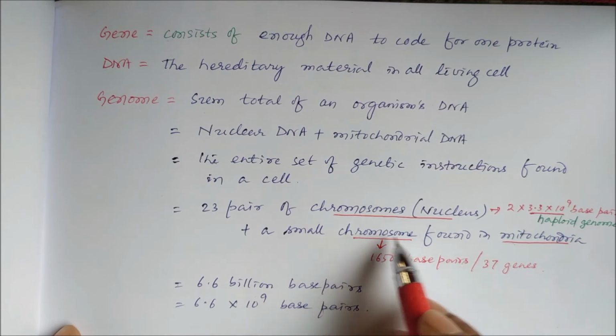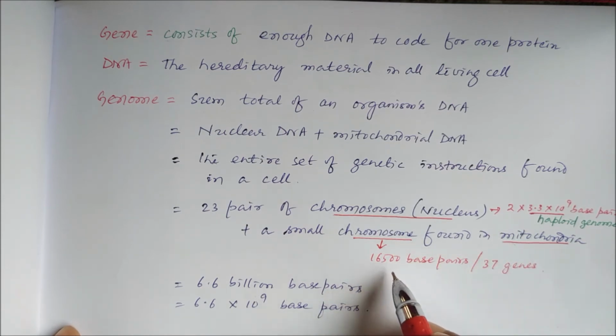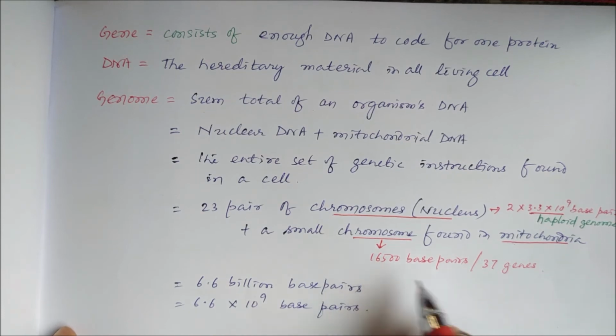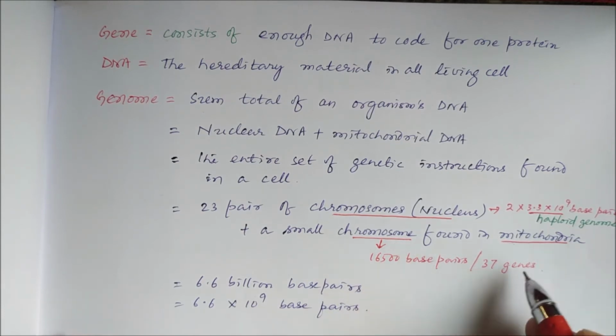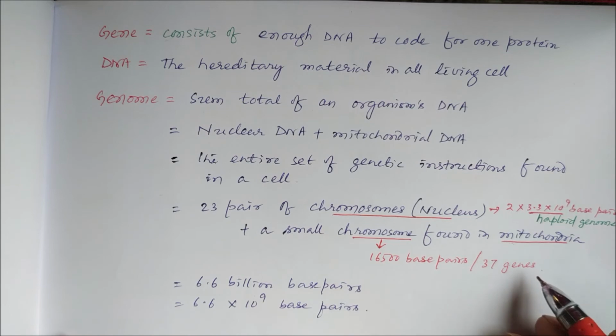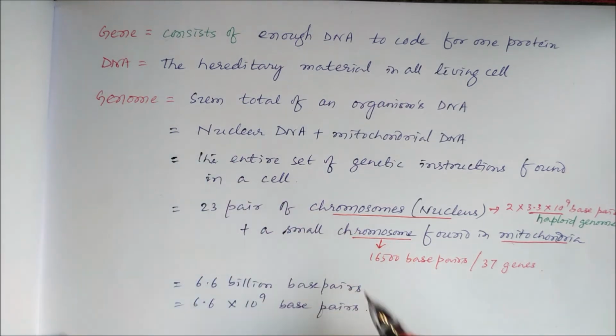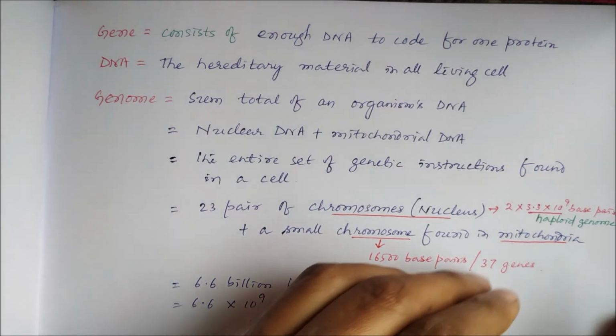And a small chromosome is also found in mitochondria, which has only 16,500 base pairs, very small, and it contains around 37 genes. So you can say our genome has almost 6.6 times 10 to the power 9 base pairs, or 6.6 billion base pairs.